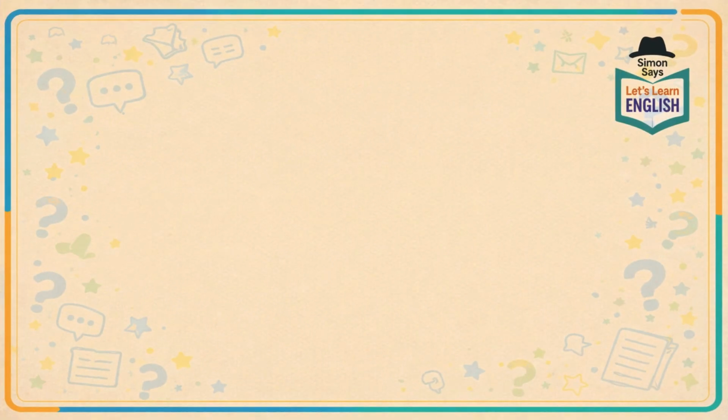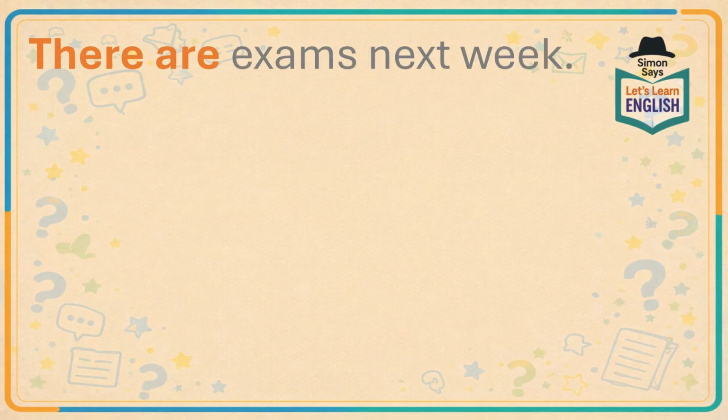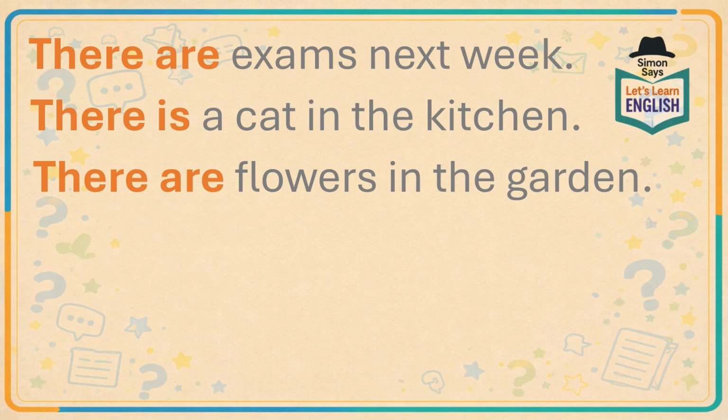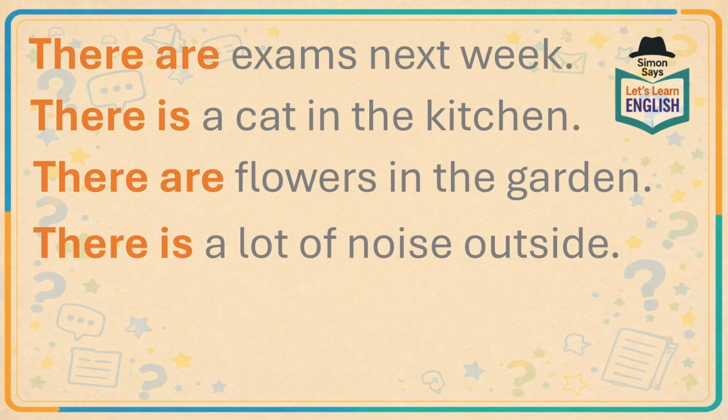Okay, let's take a look at some examples of how to use there. There are exams next week. There is a cat in the kitchen. There are flowers in the garden. There's a lot of noise outside.